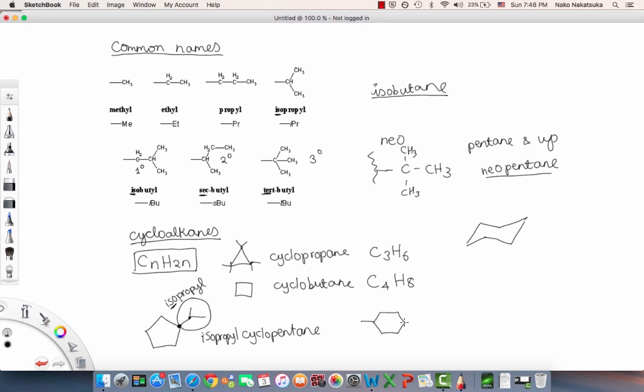On the other hand, if I had two substituents, so in this case, let's say I have a methyl group right here and then an ethyl group right here. So I have one guy here and another guy here. The central cyclic structure is 1, 2, 3, 4, 5, 6 carbons, so it's going to end with cyclohexane. So now I actually have to number them to indicate where the two different substituents are.